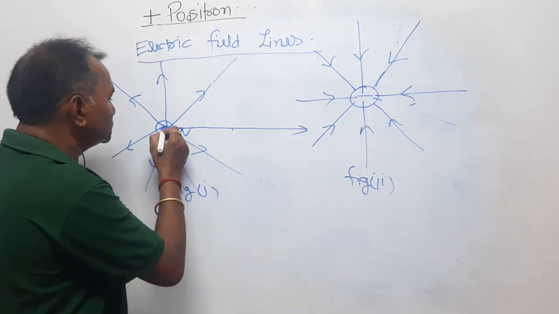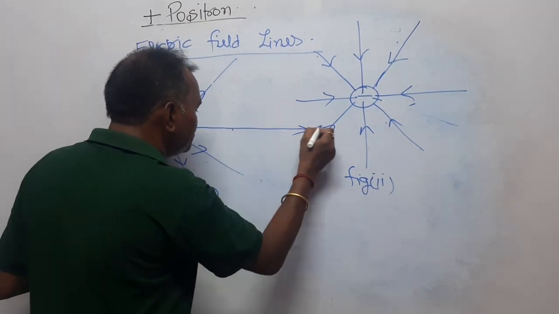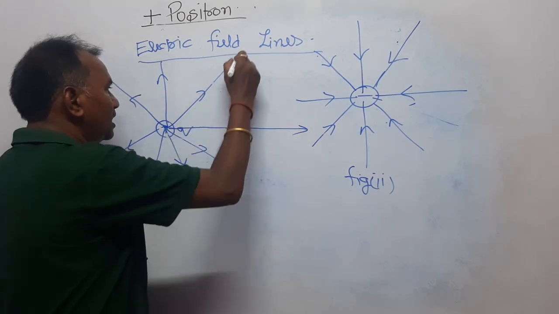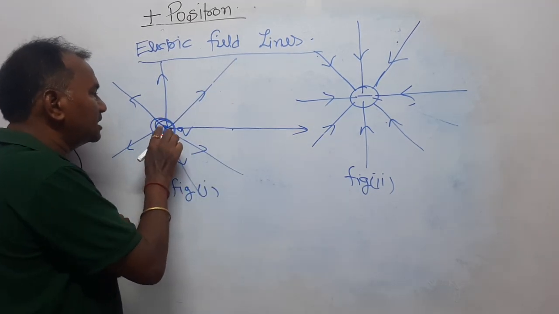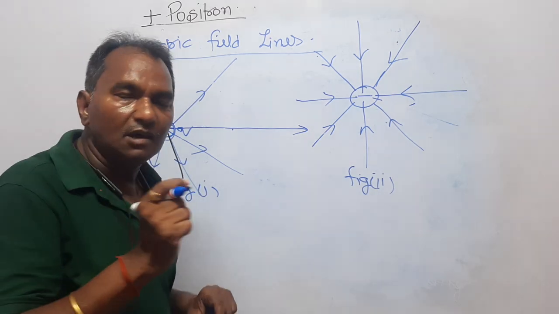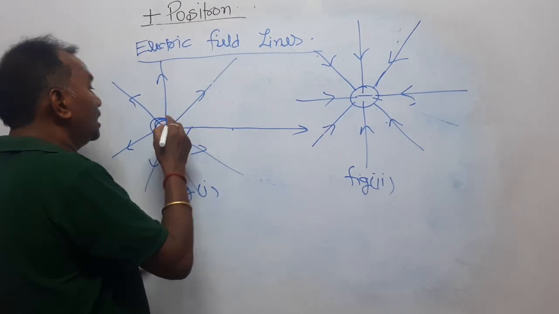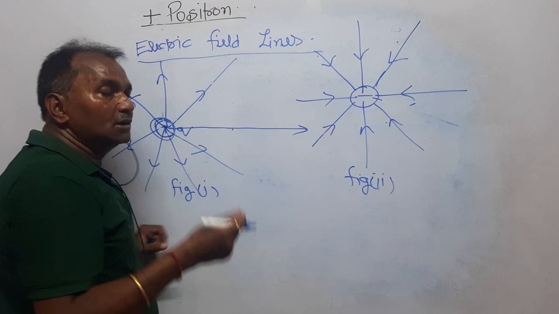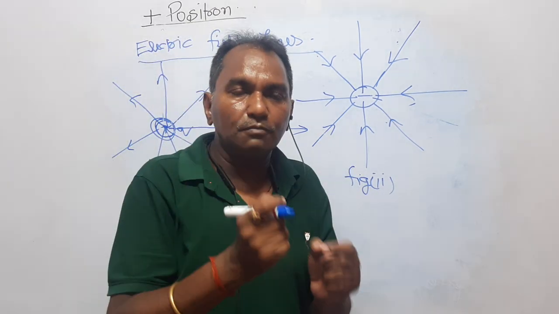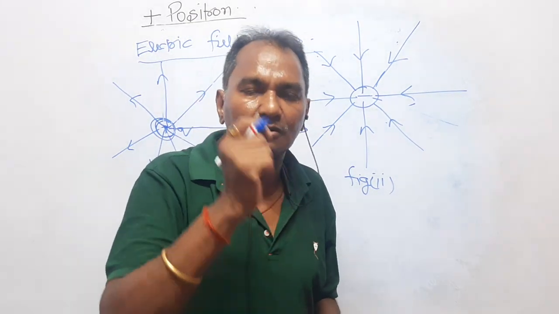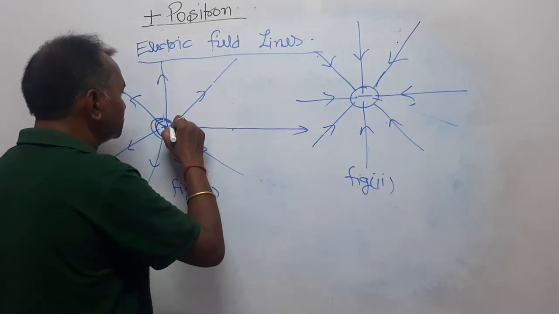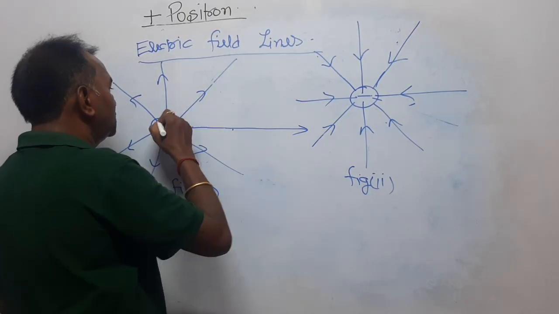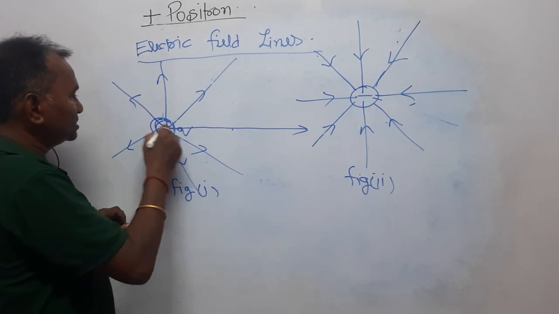This positive test charge will be repelled along the straight line, and that is why if it is an isolated charge, the field lines will be along the straight line and moving away from the charge. So the field line due to an isolated positive charge will begin from the positive charge and just move away from the charge.